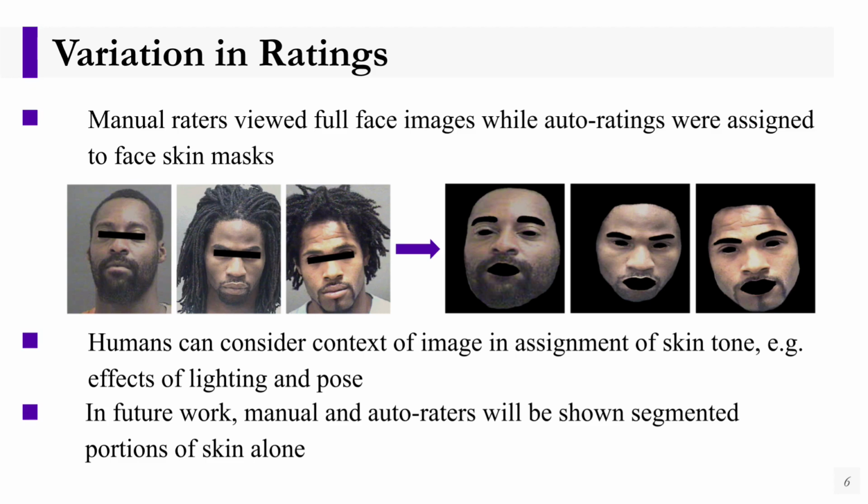The automated rater, however, only has access to the face skin pixels without context, including how lighting affects various regions of the face. In future work, we hope to mitigate this discrepancy by showing only segmented portions of face skin to both manual and automated raters.